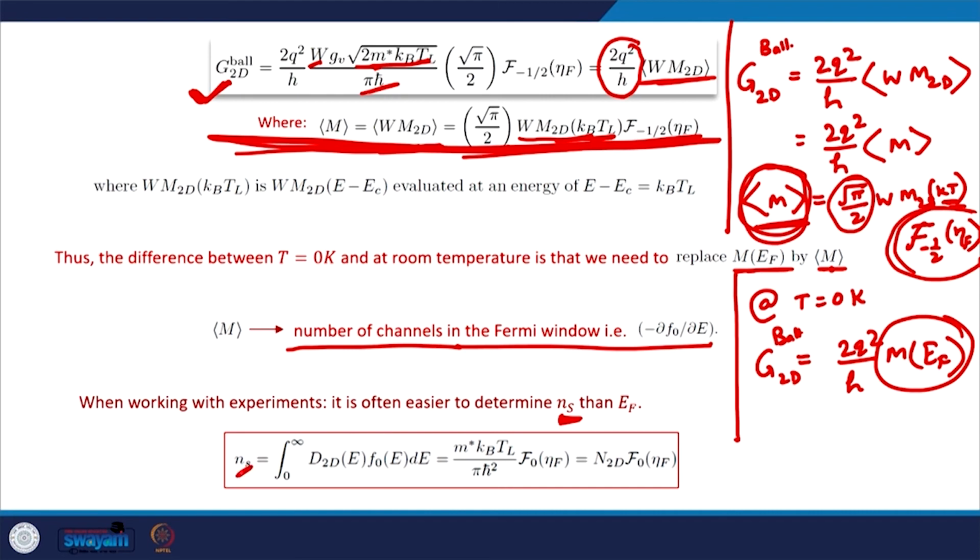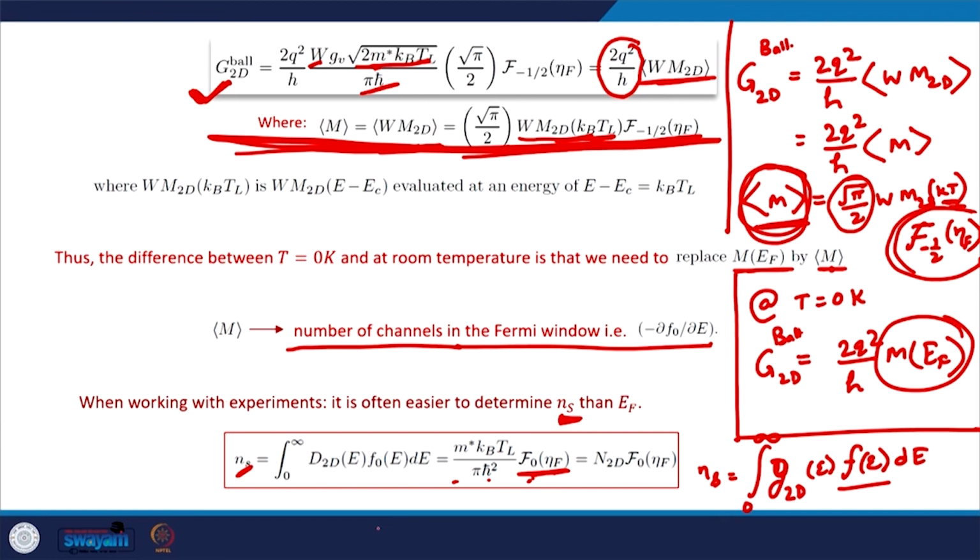The sheet carrier density is defined as the density of states in a 2D conductor times the Fermi function dE, and now this needs to be evaluated for all energy values at room temperature, and this turns out to be m star kT divided by pi h bar square into Fermi-Dirac integral of order 0. Okay, and by dividing these two expressions, we can have a relation between the two.